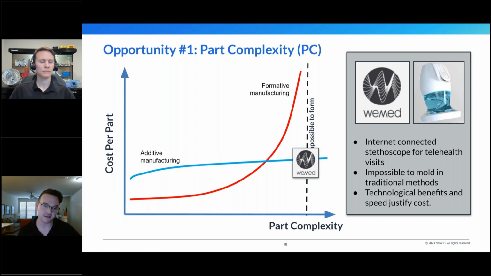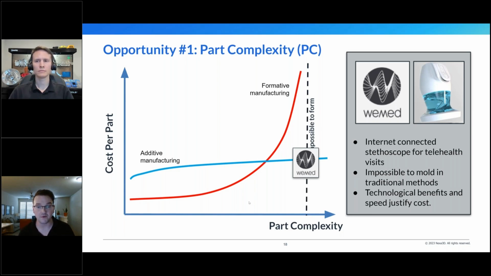A great case here is with WeMed, and you can see here that as part complexity increases, with traditional formative manufacturing technologies like CNC or injection molding, you see that cost per part rise exponentially because it just becomes more difficult to manufacture. Whereas with additive manufacturing, as part complexity increases, that cost per part stays relatively the same because you can leverage complexity for nearly free.